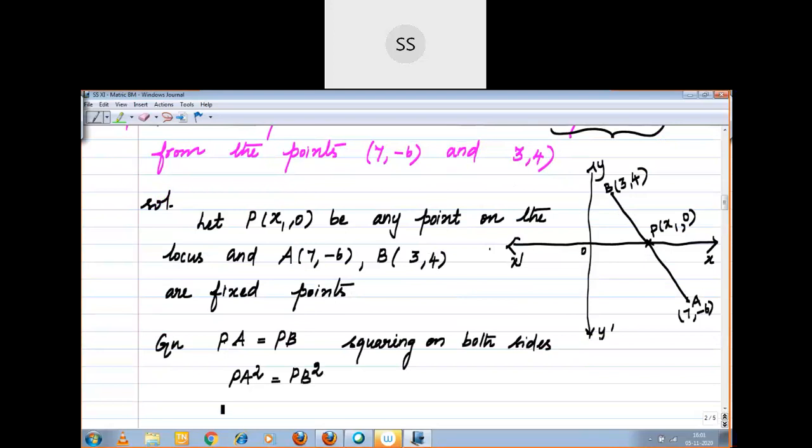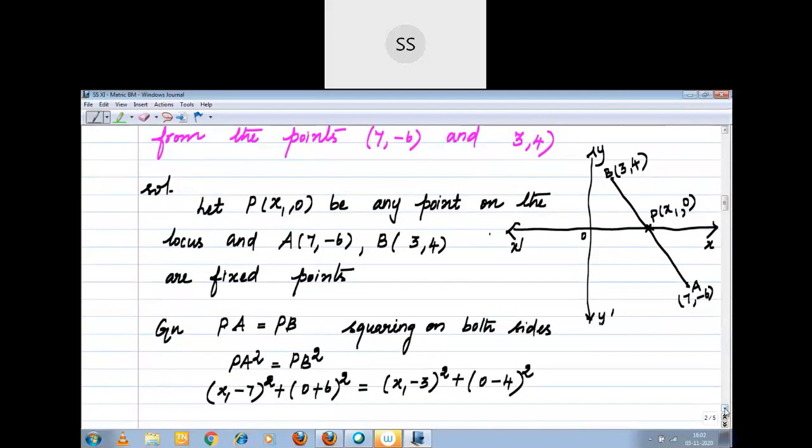Given PA equal to PB, squaring on both the sides, then how will you write? PA square equal to PB square.